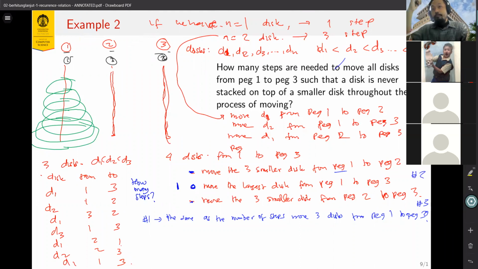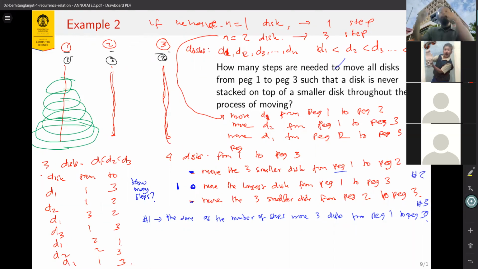If the target is peg 2, then the intermediate peg could be peg 3 if you move from peg 1. Therefore, moving 3 smaller disks from peg 1 to peg 2 essentially consists of moving 2 disks from peg 1 to peg 3 first, then moving the biggest of the 3 to peg 2, and then moving the 2 smaller disks from peg 3 to peg 2.